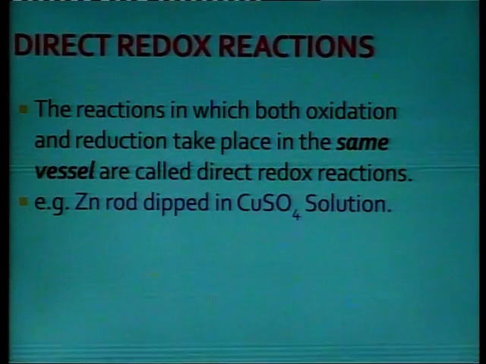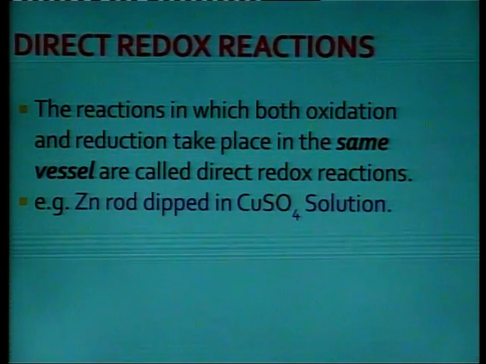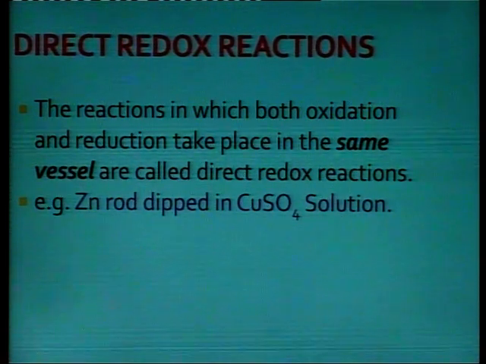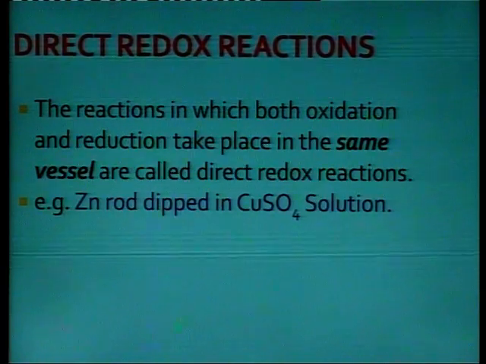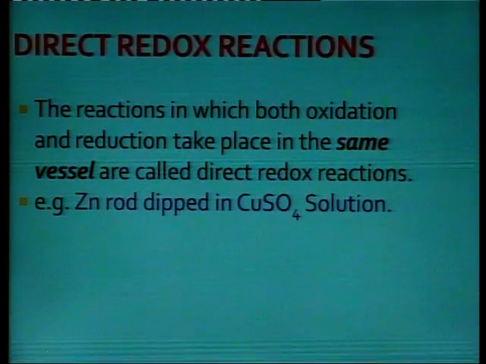So, these are called direct redox reactions. For example, zinc rod dipped in copper sulphate solution. This is a very common example of direct redox reactions, which can also be performed as an experiment.